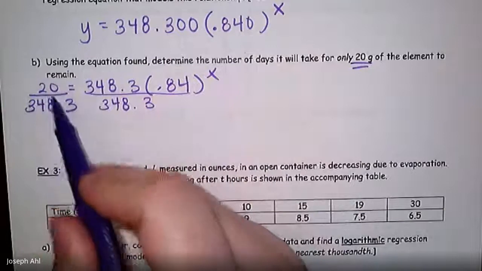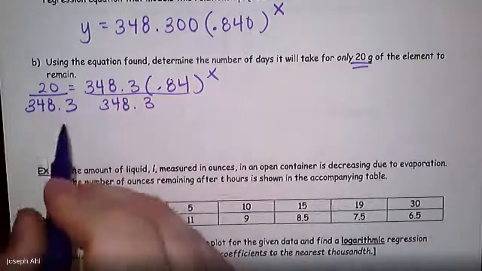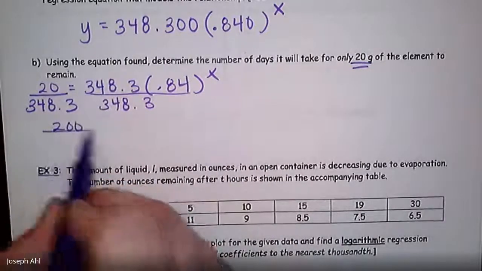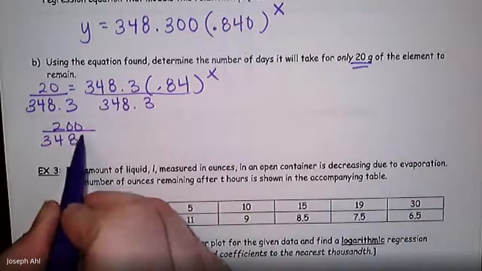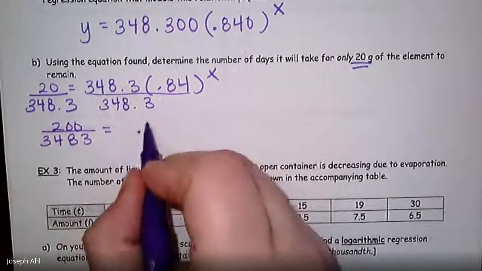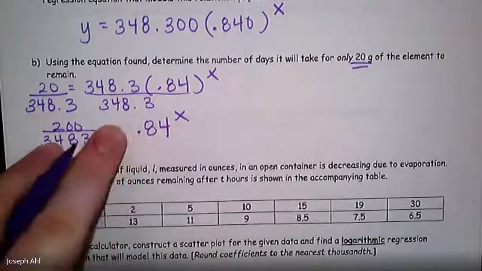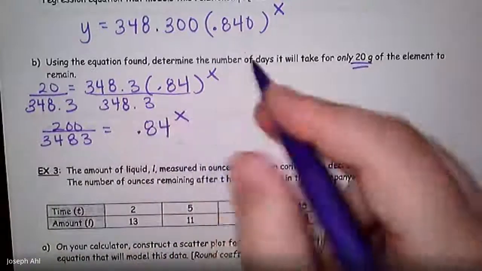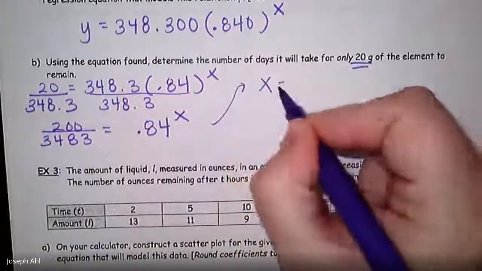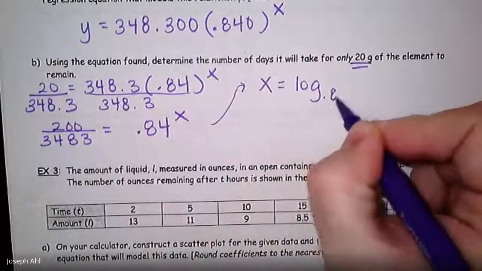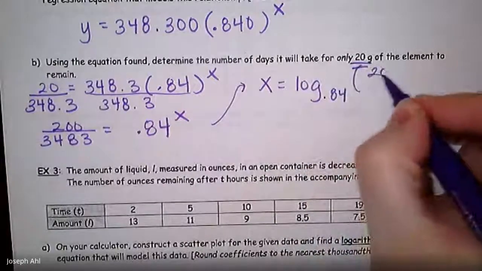If you want to express it as a rational number without that decimal there, the calculator would tell you it's 200 over 3,483, right? And then from there, if you take the log base 0.84 of both sides, this side would just become X.